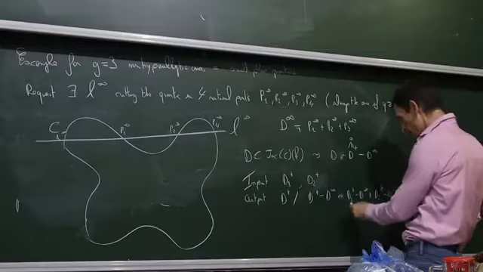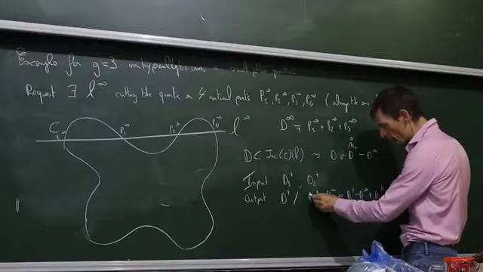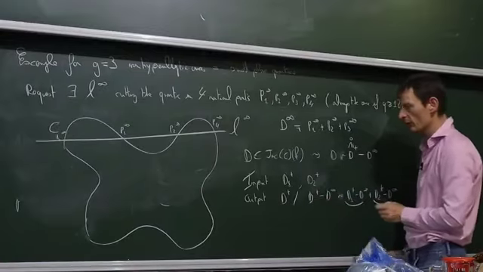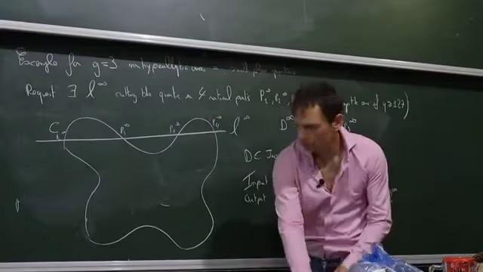So I do the addition of these divisors, and I'm going to represent the result as an effective divisor of degree 3. And the procedure is the following.